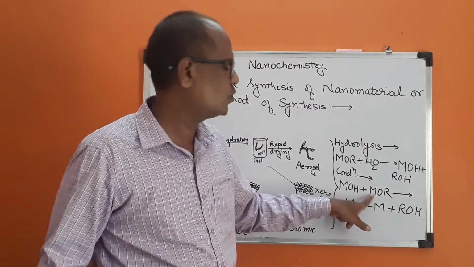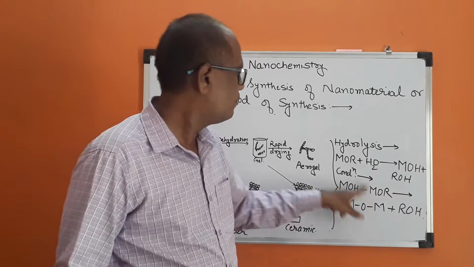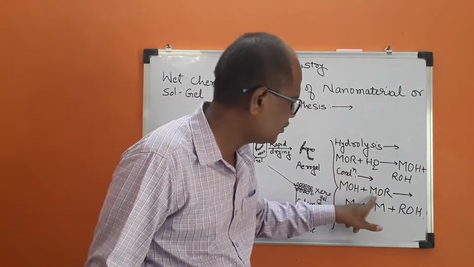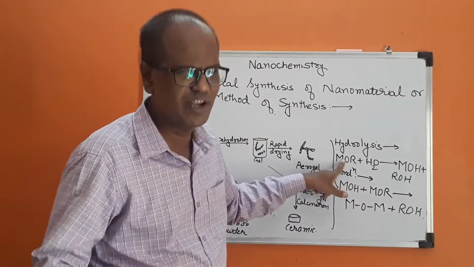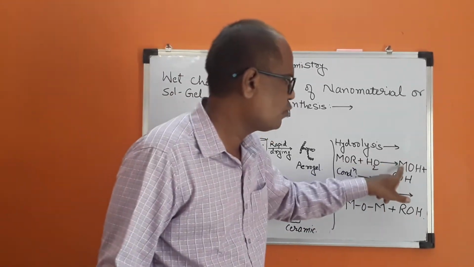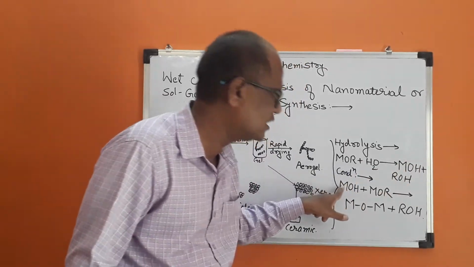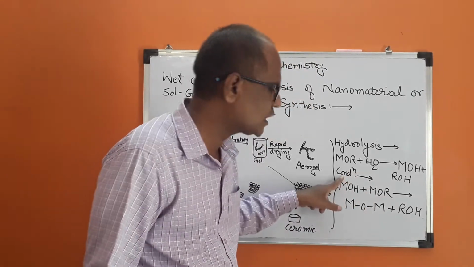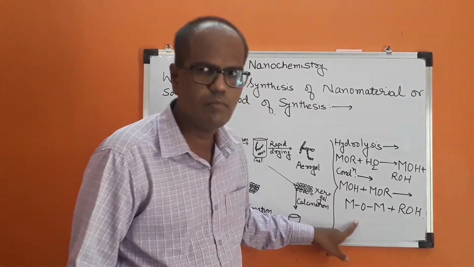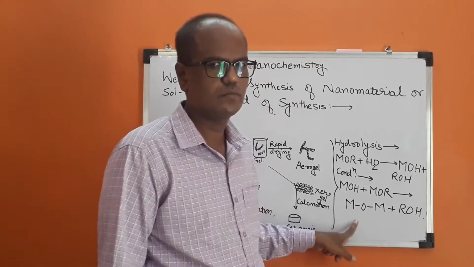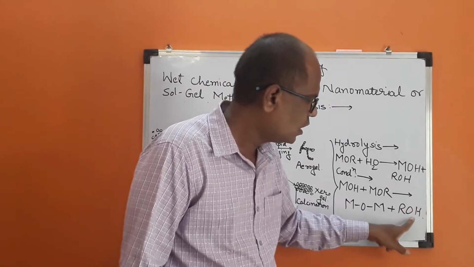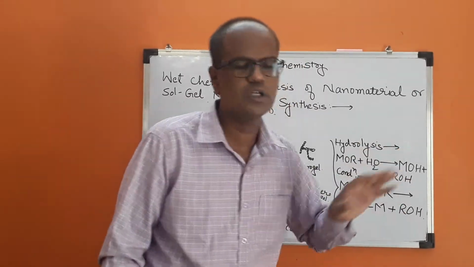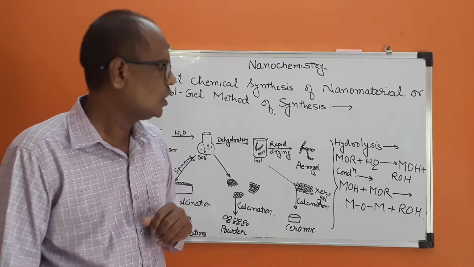This metal alkoxide, MOR, I have taken from here, the remaining molecules, whereas MOH means metal hydroxide, I have taken here. This metal hydroxide and metal alkoxide undergo a condensation reaction so as to form metal oxides and alkyl alcohol, right?